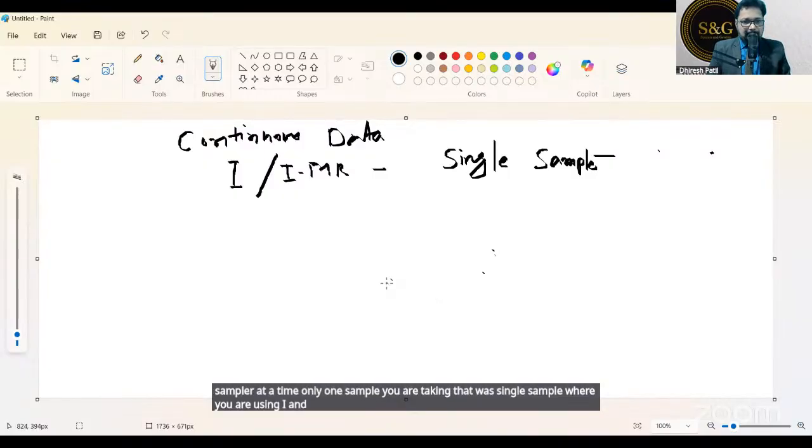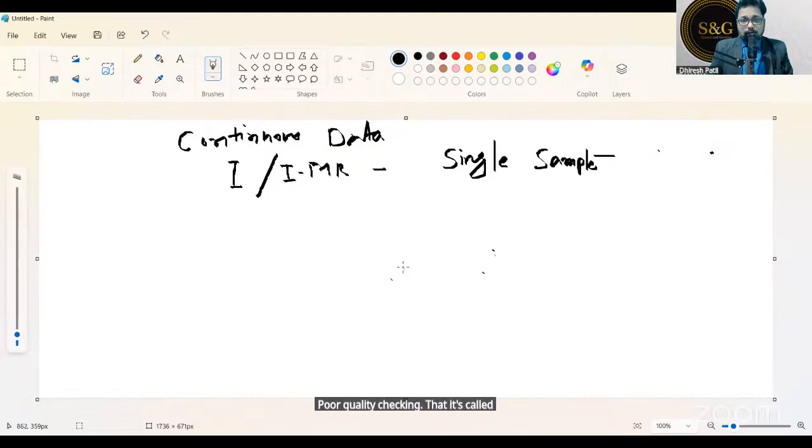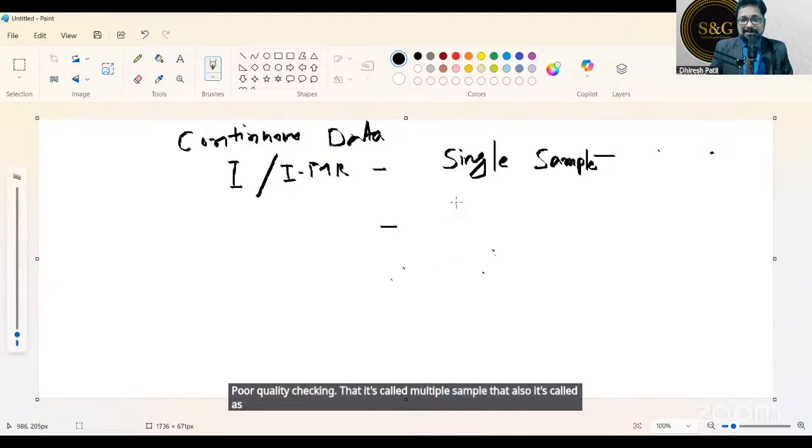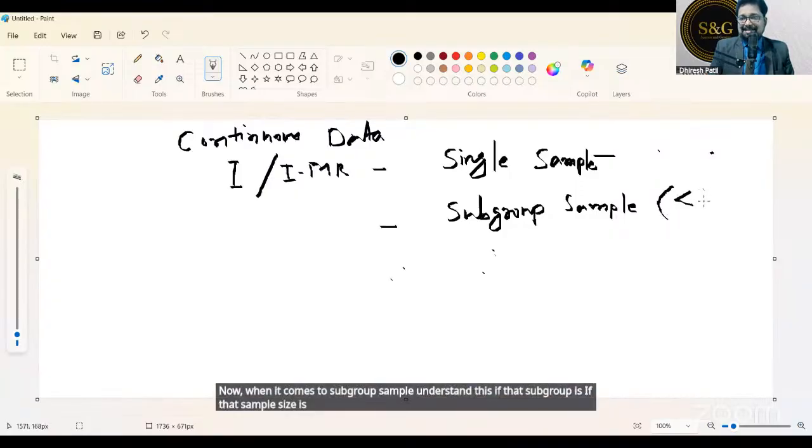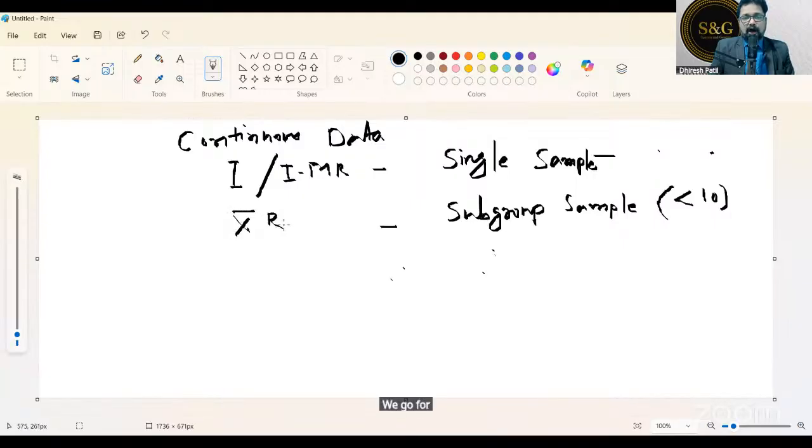Now coming back to multiple samples, where you are taking 4 samples, 5 samples, 10 samples at a time for quality checking. That is called a multiple sample, also called a subgroup sample. Subgroup meaning more than one sample. Now, when it comes to a subgroup sample, understand this. If the sample size is less than 10, we go for the X bar R chart.